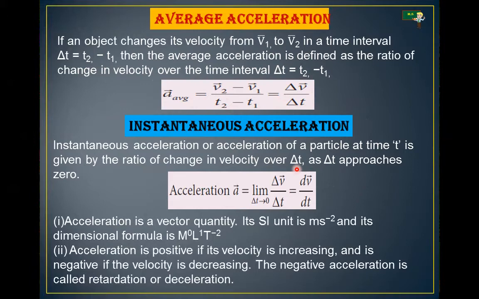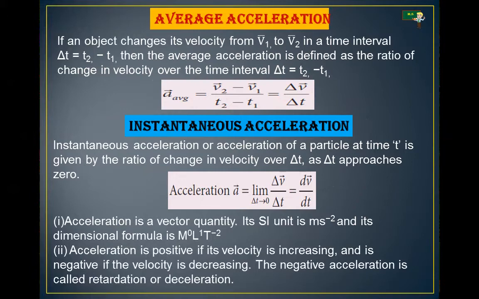Here del t means the time interval of final minus the initial. As del t approaches 0, the acceleration a vector is equal to limit del t to 0 of del v vector divided by del t, which is equal to dv vector divided by dt.